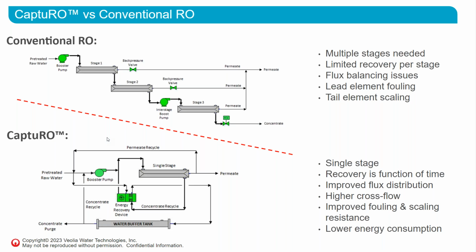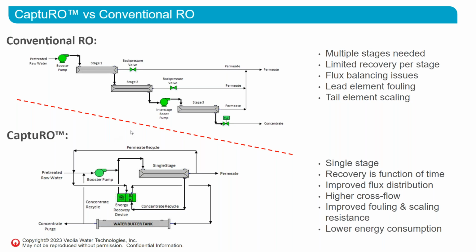In comparison, looking at this bottom schematic, semi-batch RO processes like Capsuro utilize a single-stage membrane array, and recovery is achieved not in stages, but in time using concentrate recirculation. The use of concentrate recirculation across a single stage improves the flux distribution due to the higher cross-flow velocity utilized, and this improves the fouling and the scaling resistance.